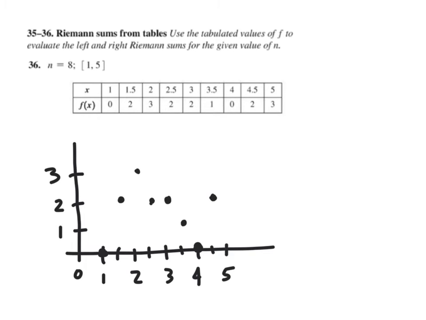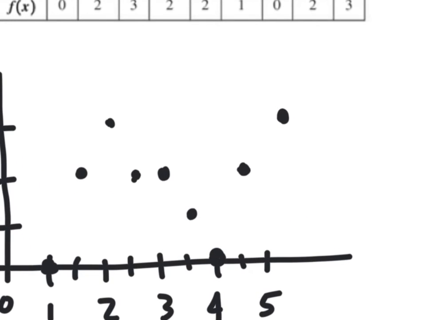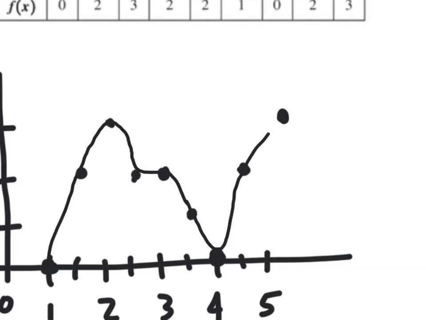And then 5 and 3. I'm just plotting those points, and I'm going to draw a smooth curve as best as I can. It's not going to look pretty, but we're going to do our best. So there's our curve.